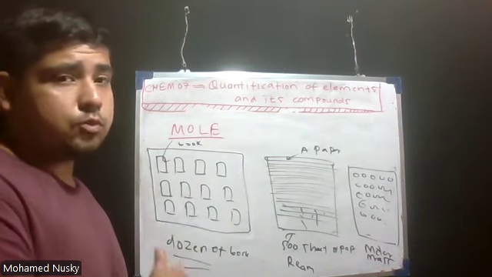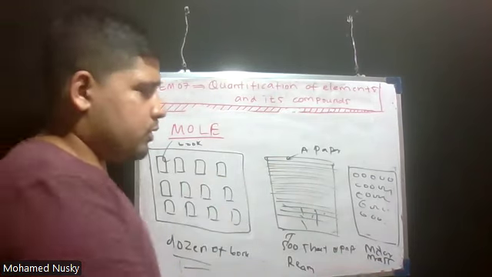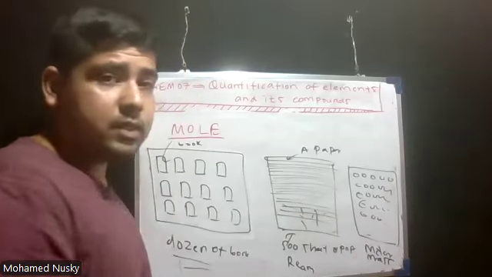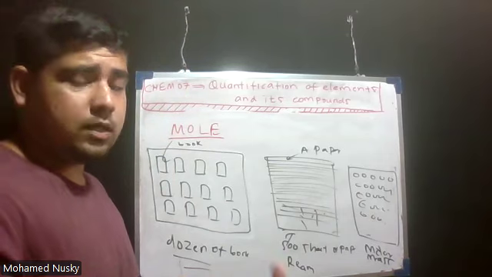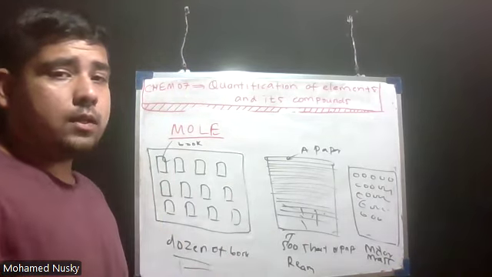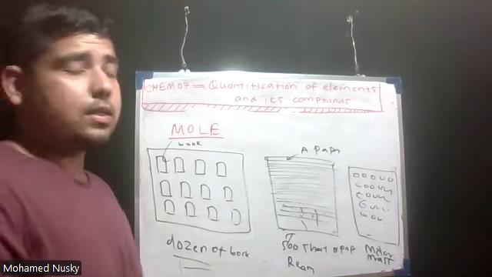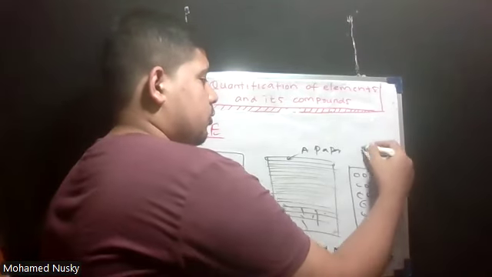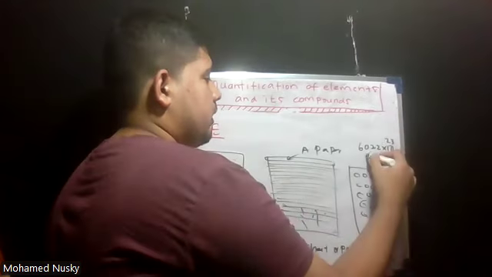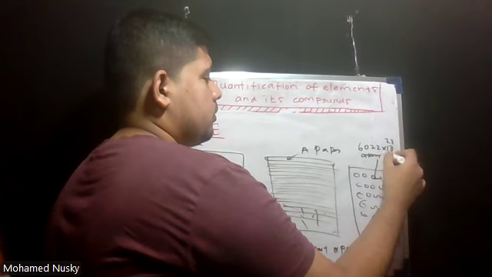When there are 12 books. Likewise, to give the term, there should be a certain number of atoms or molecules. Then what is the number? That is 6.022 into 10 to the power 23 atoms or molecules.